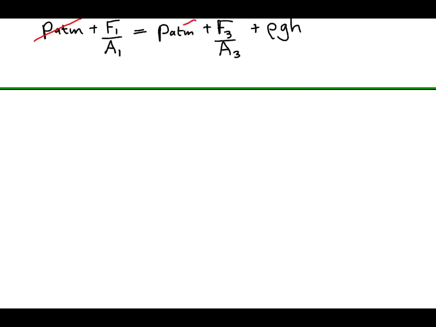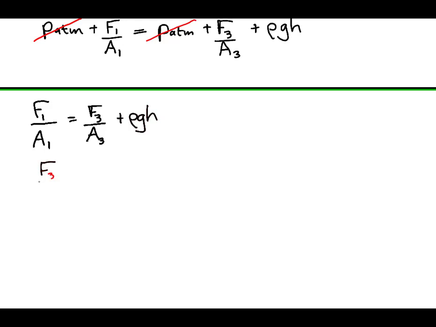Since atmospheric pressure appears on both sides of the equation, they cancel out. We now have the ratio of F1 to A1 equal to the ratio of F3 over A3 plus rho g h. To isolate F3, we move rho, g, and h to the other side of the equation.